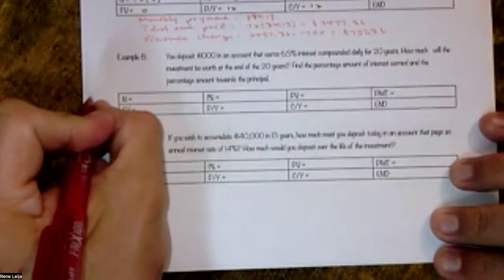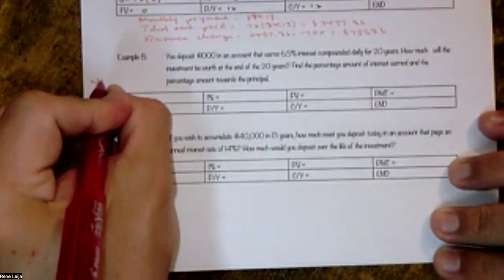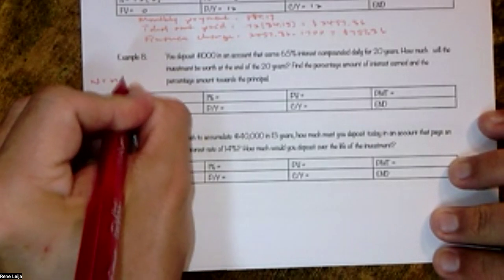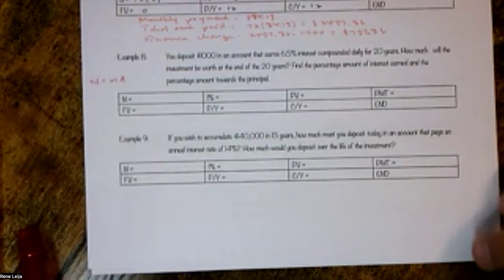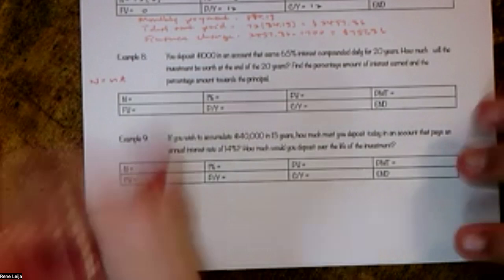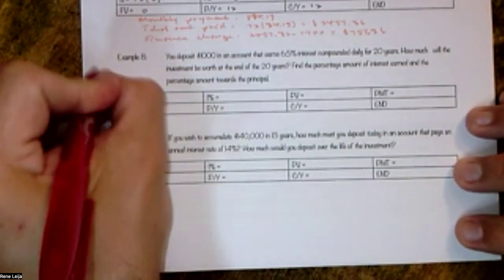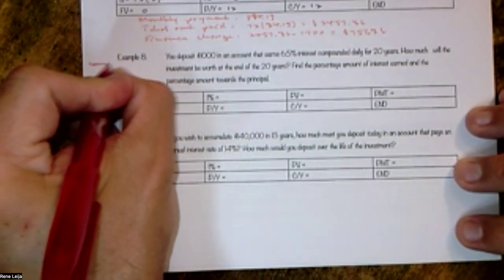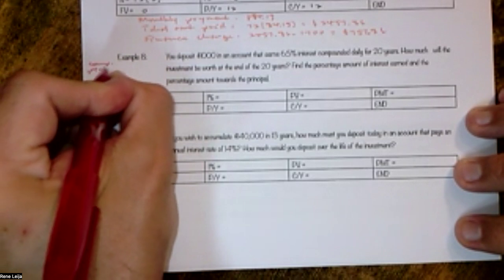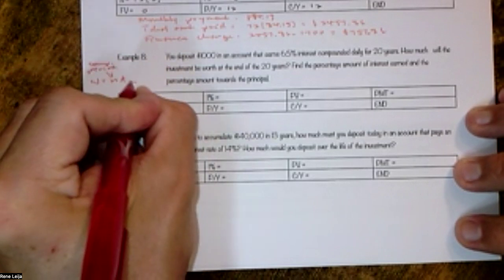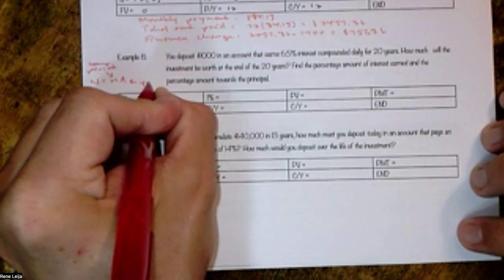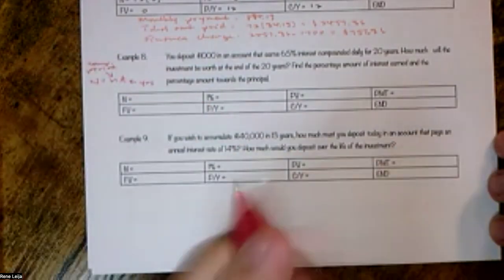Let me write this off to the side. Remember that big N is made up of little n times t. So that's your compounding period. And t is the number of years.